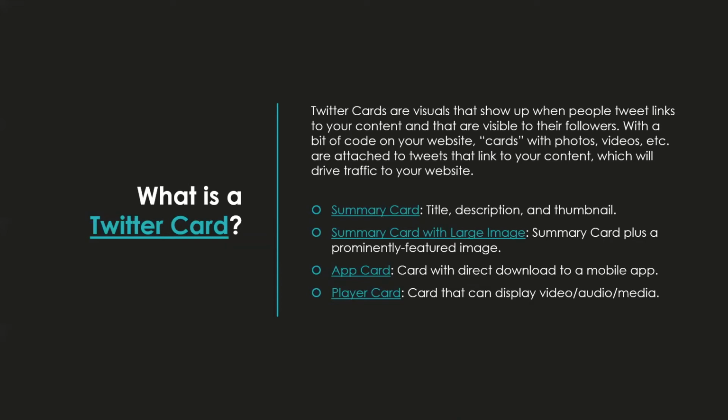So essentially, when somebody shares something from your website, like they link to your website on Twitter, this little visual card will come up that will have a title and a description, and it'll have a thumbnail, or it may have a really big image, or it can link directly to a mobile app, or if they're linking specifically to a video, you can do a player card that will display video or audio media.